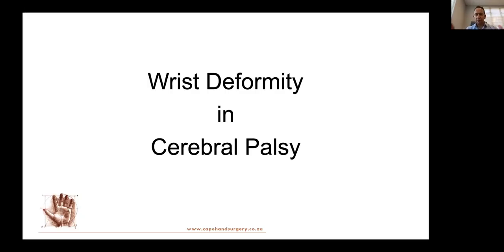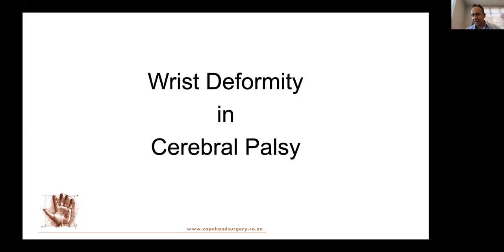Now, I think the most focus for this talk is really, and I'm not entirely sure how many people here are actually doing surgery in patients, but the reality is in Africa specifically, in our context, by the time people present, the wrist is the biggest deformity and the most disabling, but this is the one where we can make the biggest change.